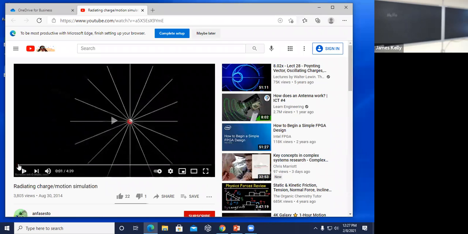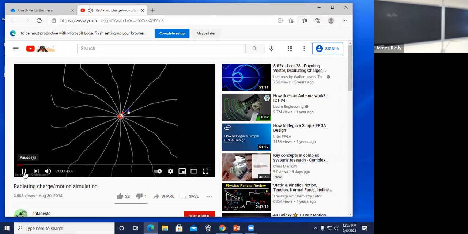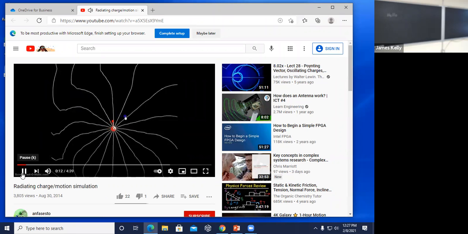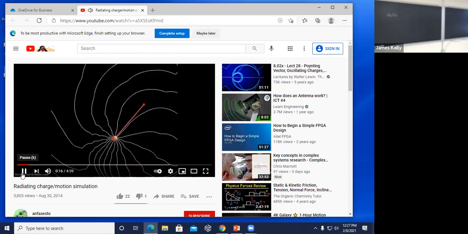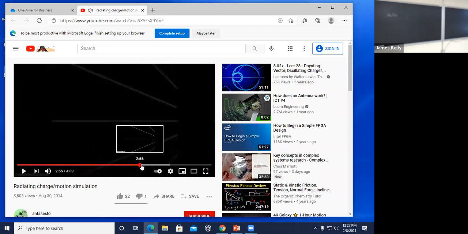Back here at the beginning, if I pause there, those are the field lines when it's not being accelerated. Now here someone's going to grab it and pull it to the side, and you'll see that stuff seems to wiggle outward radiatively. When you look at the field lines, you can see that they are carrying something out, and that is at least a visual indication that some energy is being carried away.